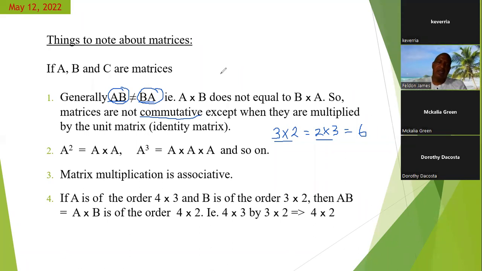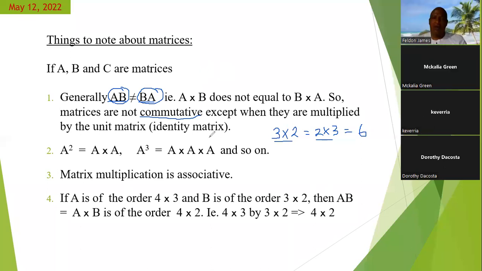Now, when we talk about A squared for a matrix, let's say that the matrix A is equal to 1, 2, 3, 4.